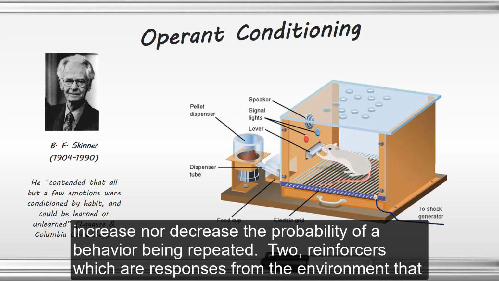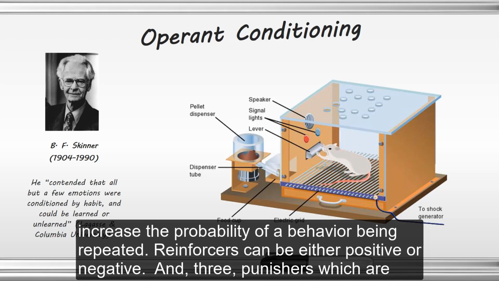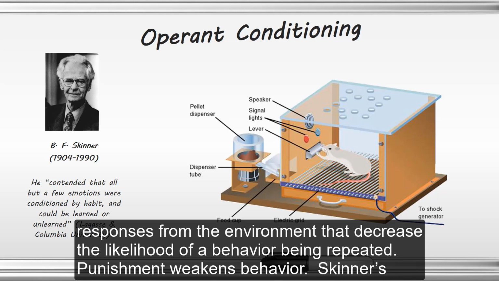Reinforcers, which are responses from the environment that increase the probability of a behavior being repeated. Reinforcers can be either positive or negative. And 3. Punishers, which are responses from the environment that decrease the likelihood of a behavior being repeated.